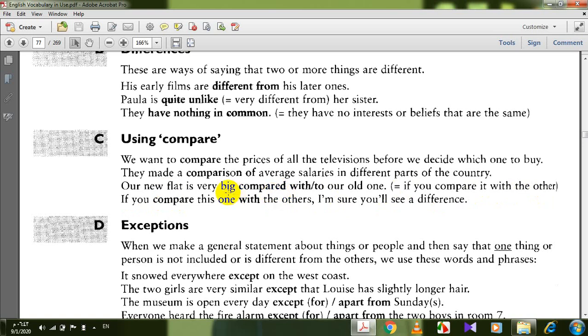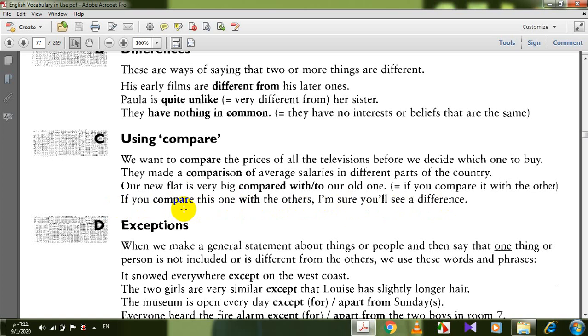You have to notice here that we use compare with and compare to. We use compare with when we show differences. We use compare to when we show similarities. If you compare this one with the others, I'm sure you will see the differences.